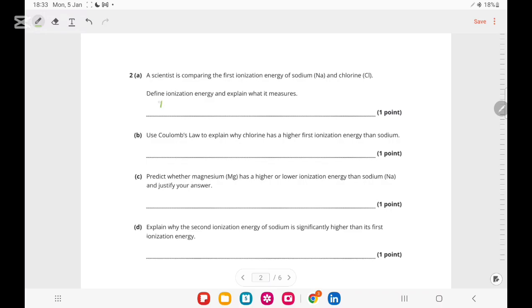So ionization energy is the minimum amount of energy required to remove an electron from a gaseous atom to form 1 mole of gaseous ion.